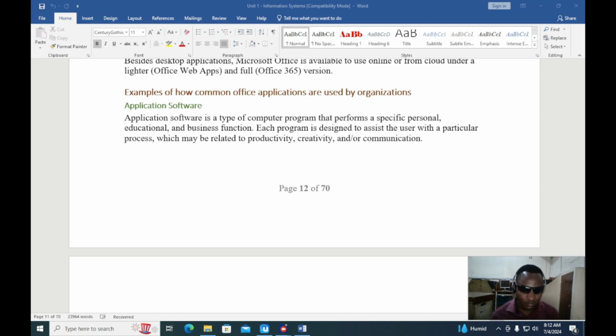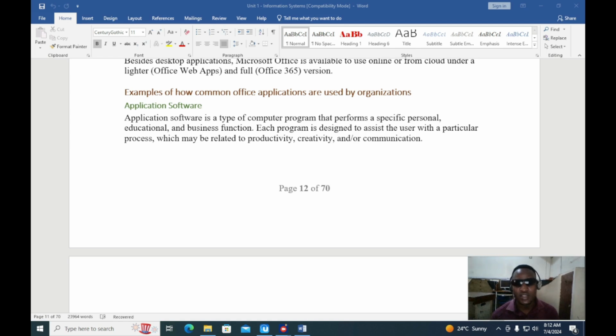So when we are looking at common Office applications, it's important for us to understand that they are actually application software because they were made for specific purposes. An application software is a type of computer program that is doing a specific function, whether it is a personal function, an educational function, or even a business function. But it is a specific function.